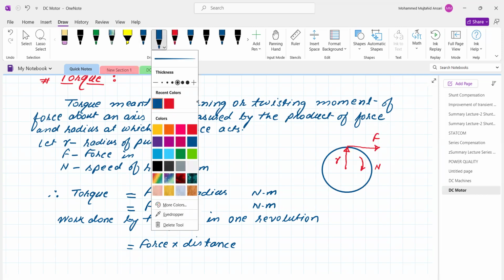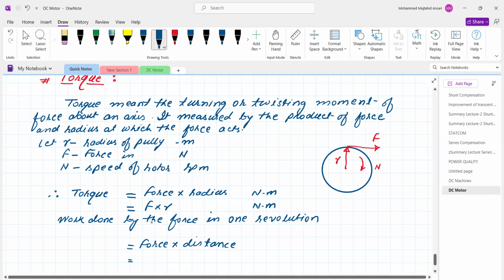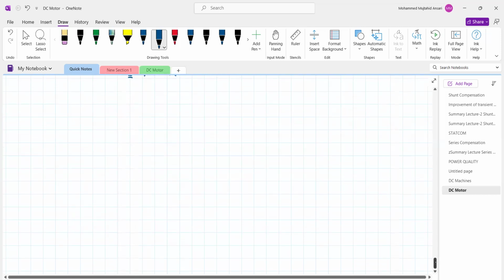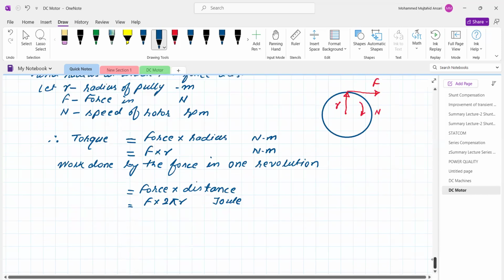So now we can write, when r is the radius, the work done is equal to F into 2 pi r. This is the circumference, and as it is energy, it is in joule. So this is the work done.